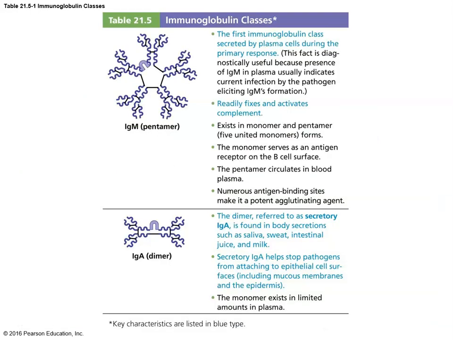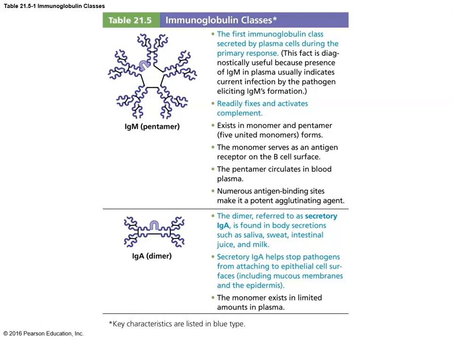So if we look at those antibodies, or immunoglobulins, immunoglobulin and antibody are the same thing, but for some reason somebody decided that it needed to be called something else as well, I suppose just to make things more complicated. There are 5 different classes of antibodies.